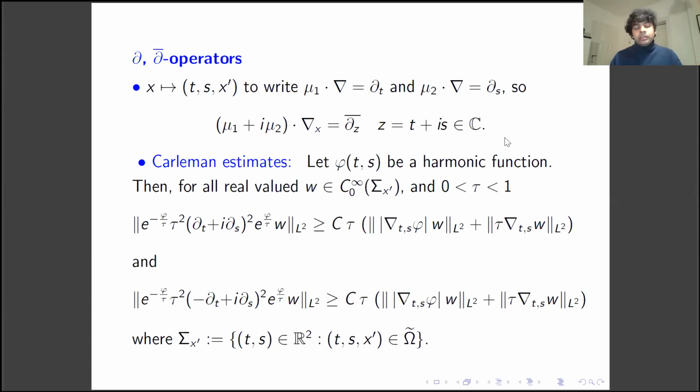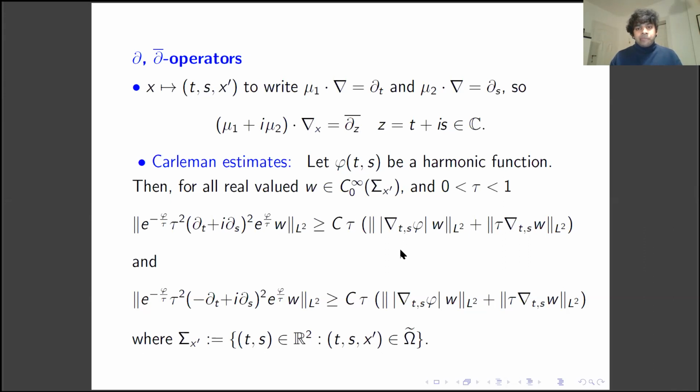And for the d-bar operator, there are known Carleman estimates. There's one more thing: there's a d-bar and a d operator. If I have mu1 minus i mu2, or minus mu1 plus i mu2, then it would be the d, not d-bar. So this is the Carleman estimate that we use in our work.